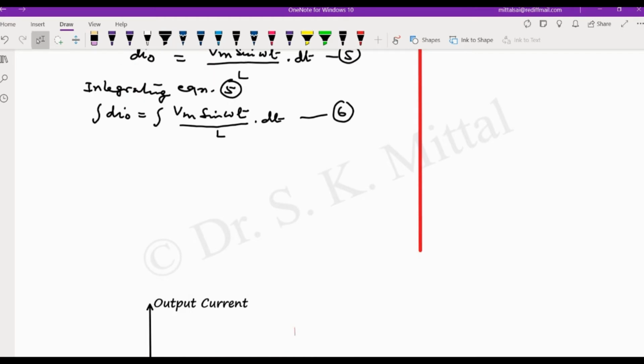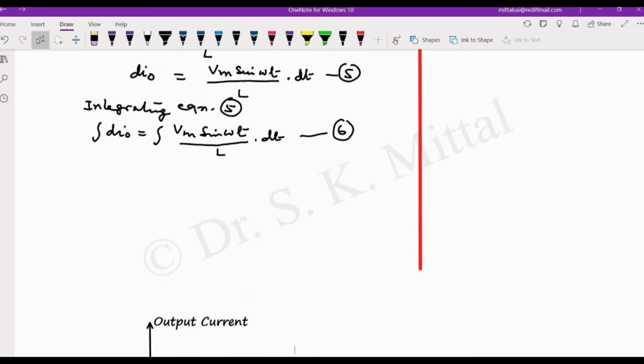Integral di0 is equal to I0 is equal to, since Vm and L are constant, we can take them out from the integral sign, and this will be equal to I0 is equal to Vm by L integral sin omega t into dt.